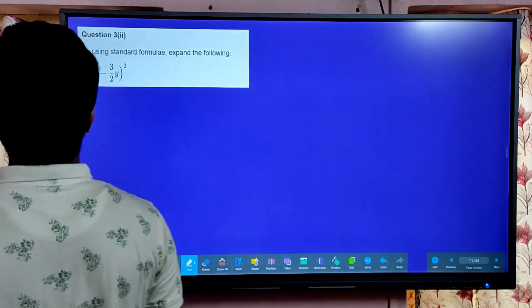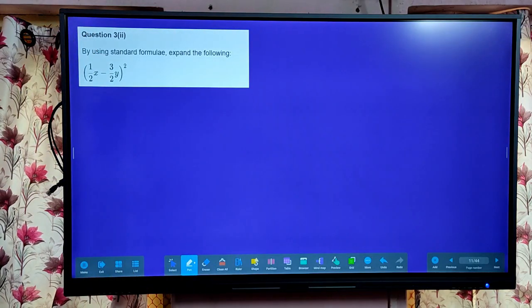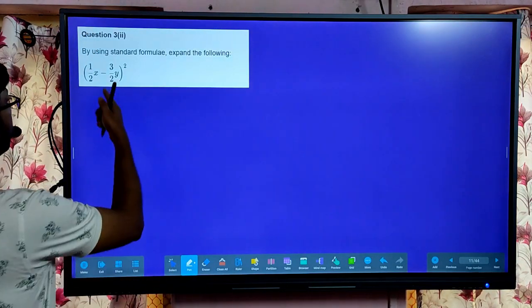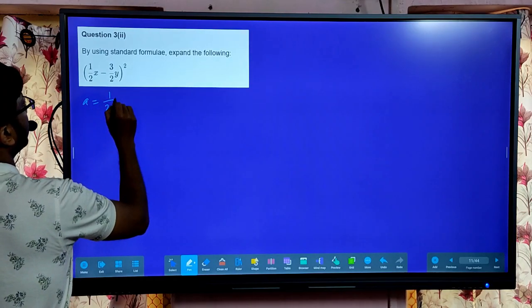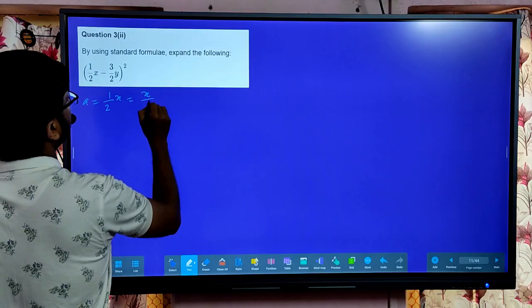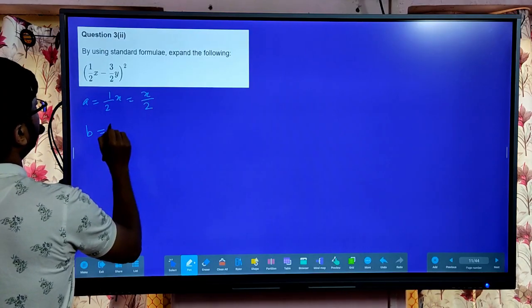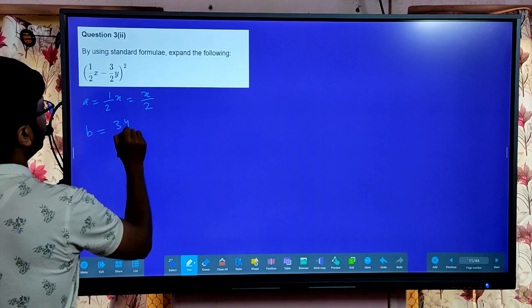So by using the standard formula, expand the following. Okay, here also a minus b whole square. A will be what? 1 by 2x, or you can say x by 2, and your b will be 3y by 2.